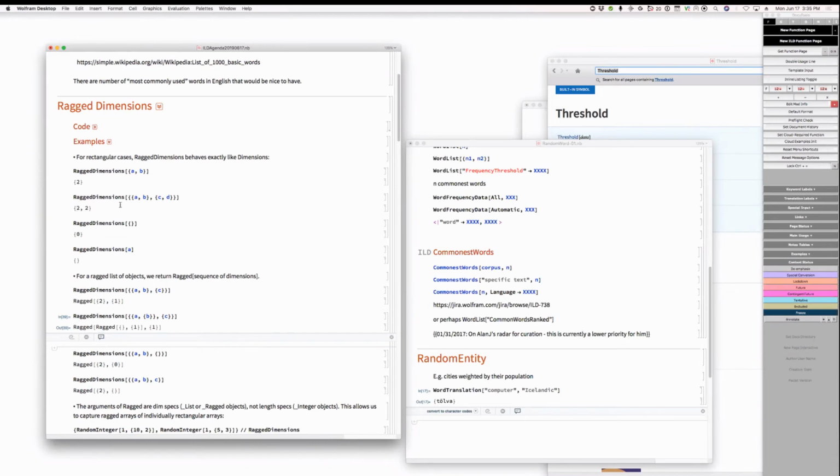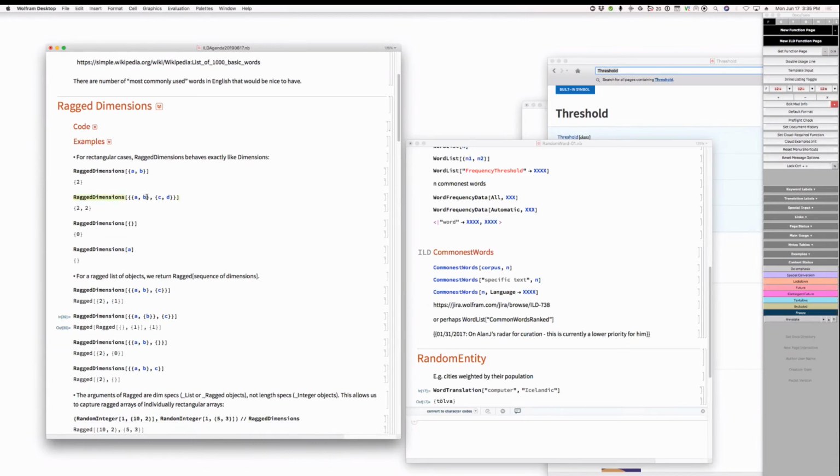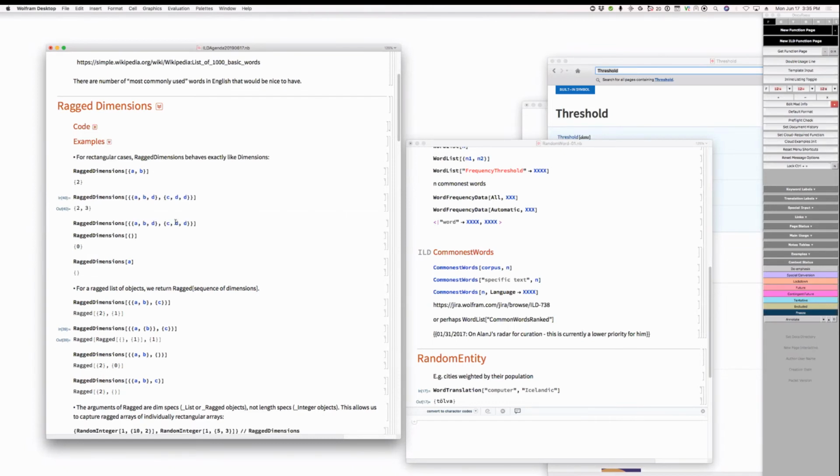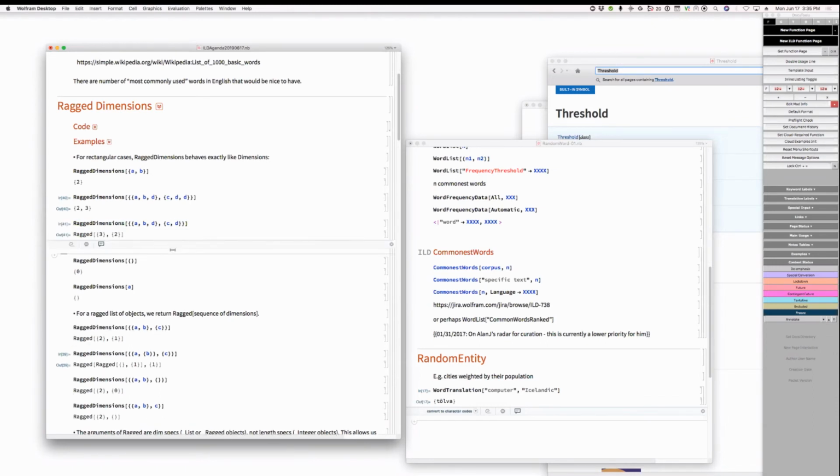Let me do a case here: 2, 3 means the first 2 means there are 2 things and there's no raggedness to the whole thing. Yeah, the 2 means there are 2 elements whose structure is 3, and then you go deeper. And why does this go the other way around here?